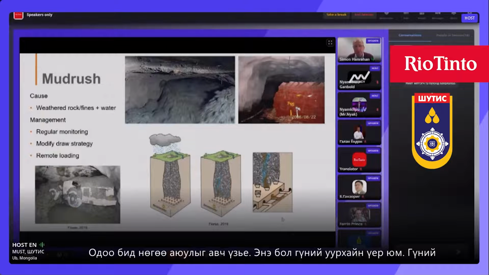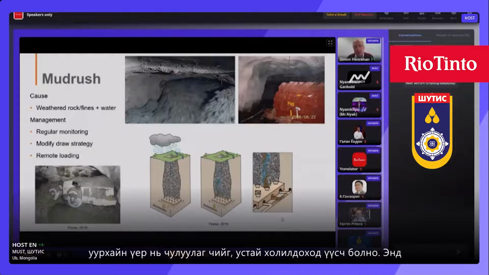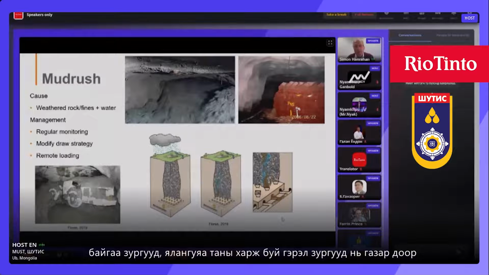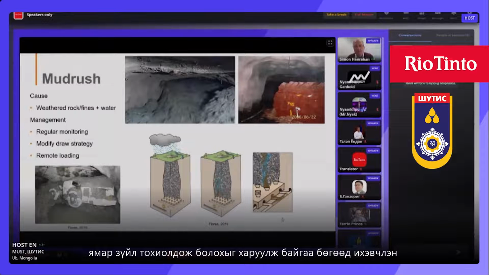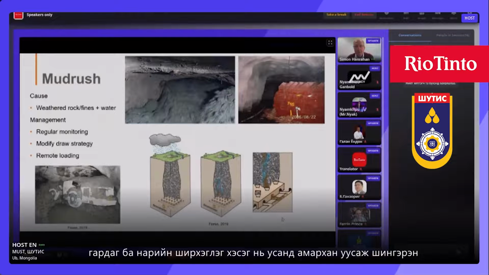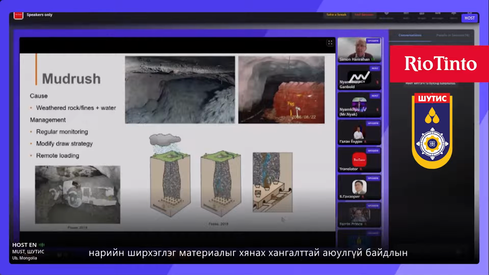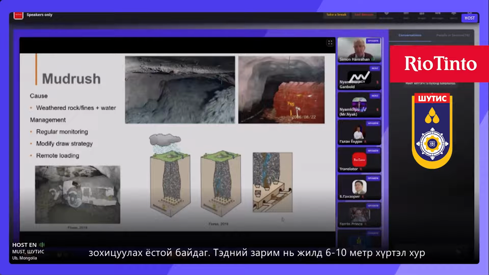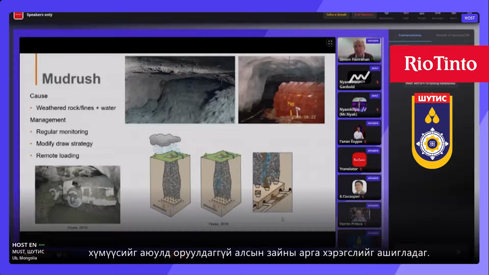So it's really important that where we do have that water hazard and the finer rock, that we have adequate safety protocols in place to monitor that. And often we'll use mines that really have to manage this on an ongoing basis. Some of them have very high rainfall, up to 6 to 10 meters a year. They use things like remote loading, so they don't put people in harm's way to remotely muck the rock out.